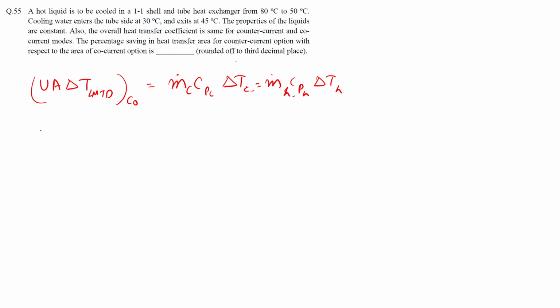Now similarly, for the counter current flow, we can write it as UA LMTD for counter current. Now the heat exchange will remain the same as for the co-current flow because the mass flow rate is same, Cp will remain same, and delta Tc, that is the temperature difference of the cold fluid, will be same as the previous one.